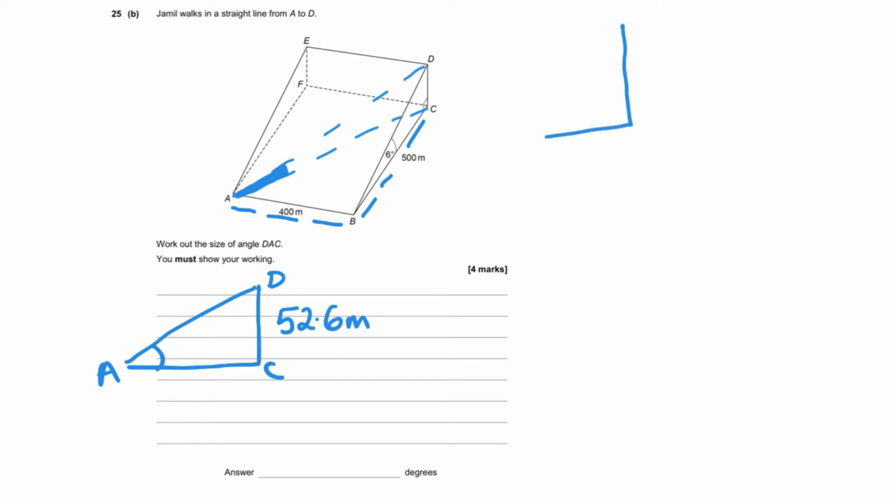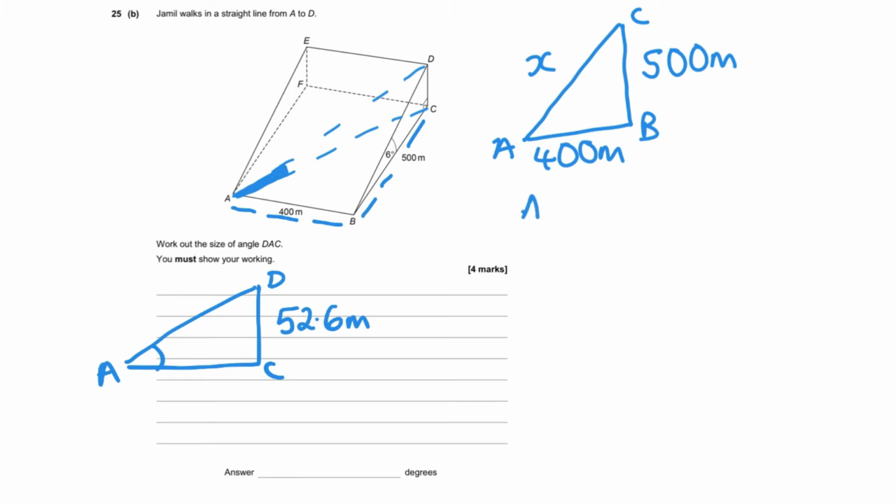So if we draw that out here, we've got CBA, where AB is 400 metres and BC is 500 metres, and AC is the length that we're looking for. As you can see, we can use Pythagoras' theorem here. So we've got the length AC squared is equal to 400 metres squared plus 500 metres squared.